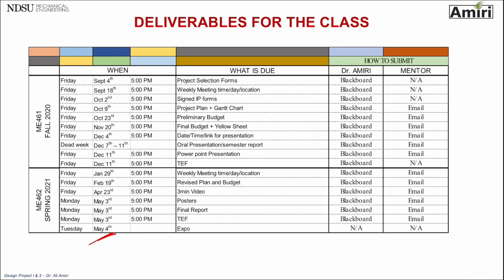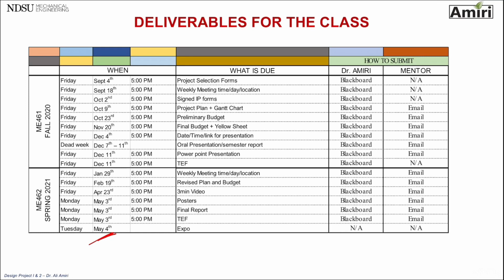For your mentor, I've asked all the mentors, all the faculty in the department this semester to accept electronically. So some might prefer a Dropbox, some might prefer email. I don't care. That's something between you and your mentor, however you want to work it. As long as they receive it by that date and that time, they're able to grade it. The format, you can work it out between you and your mentor.